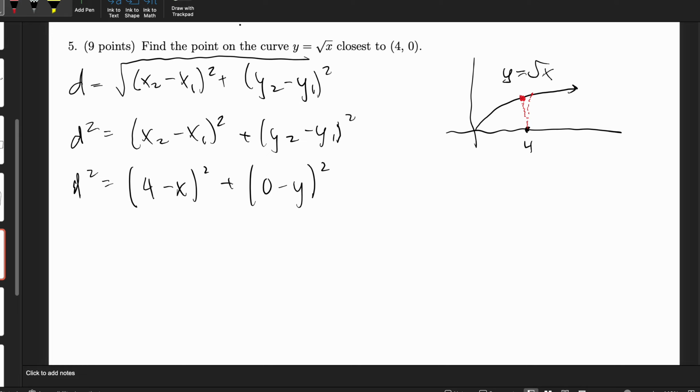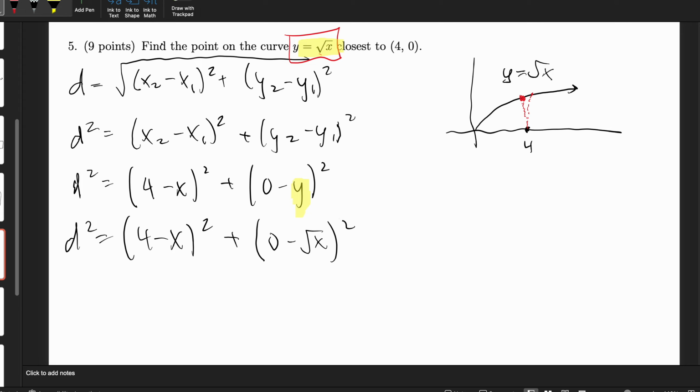Well, since this red point that I'm looking for is on this curve, its x and y values will obey this equality, so I can actually just plug in. I'm going to keep (4 minus x) squared, but I'm going to say, okay, 0 minus y, what is y? Y is just the square root of x. So this is (0 minus the square root of x) squared.